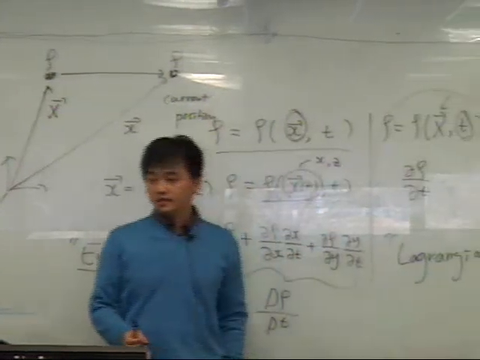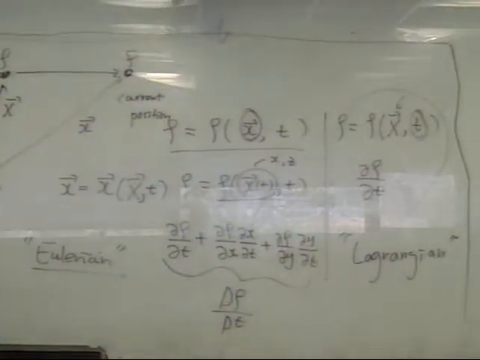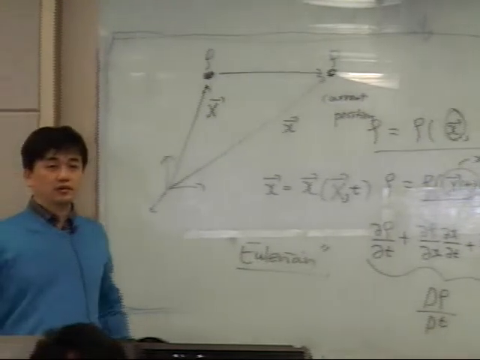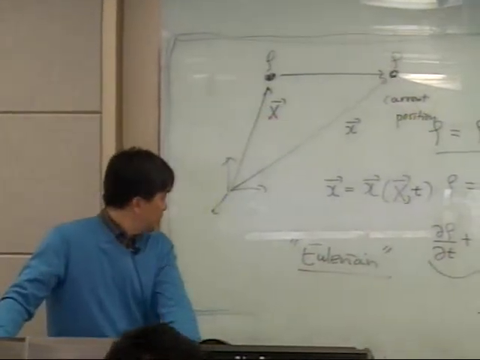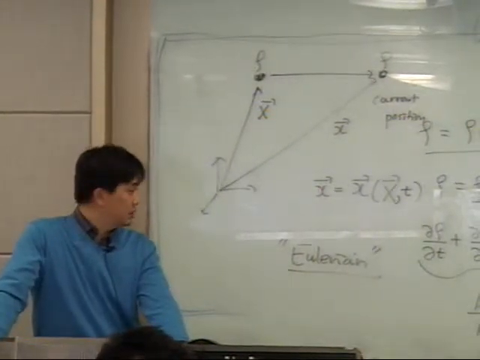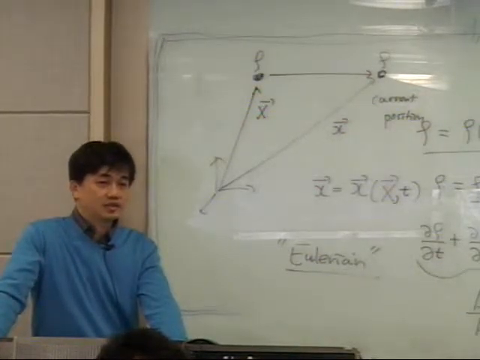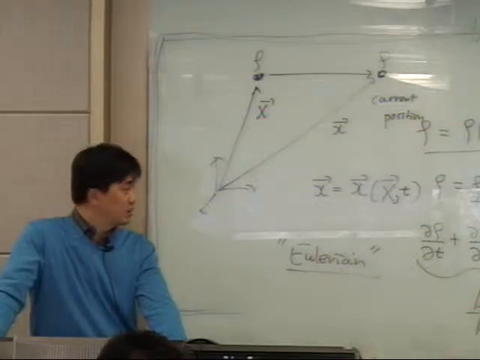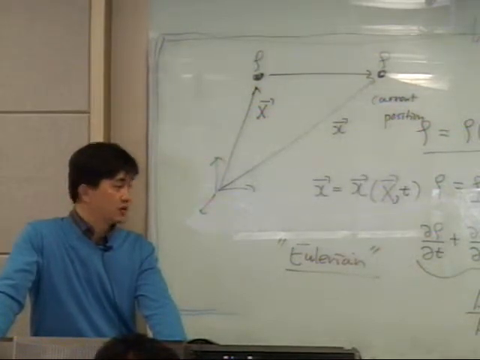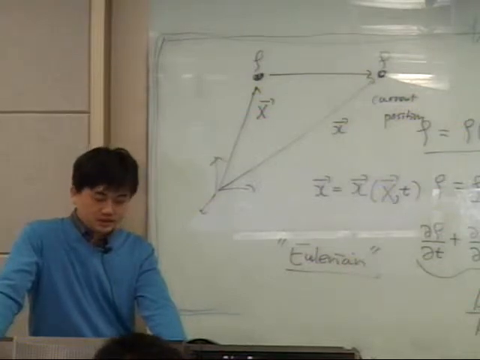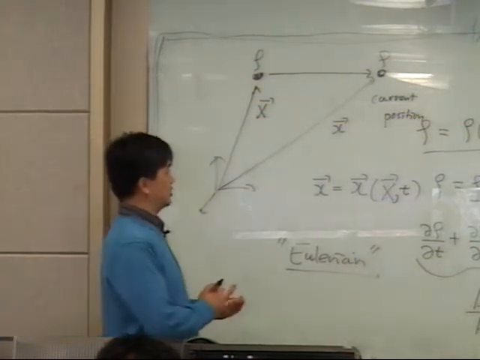The Lagrangian concept has usually been used for solid mechanics, but the Eulerian concept has been used for fluid mechanics because they have a lot of advantages, for fluid and for solid. Okay, that's a different story.